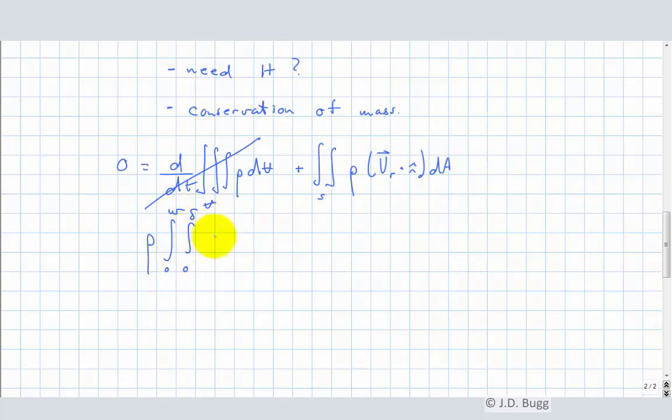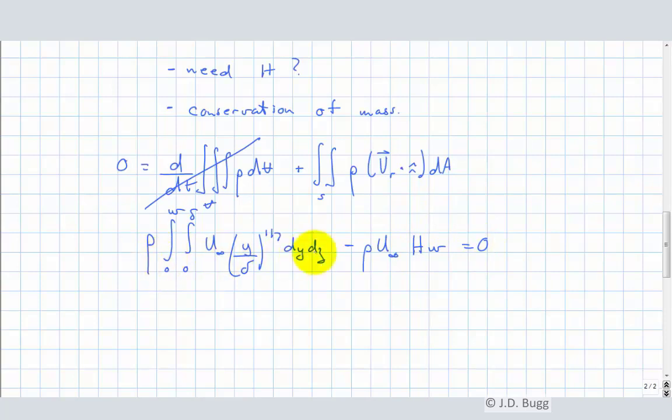The velocity goes in here: Vr dot n is u infinity times (y over delta) to the 1/7. That's our velocity profile, times dy dz. That's the non-uniform exit, minus the mass flow rate at the inlet, which is density times velocity times area, and that all has to equal 0.